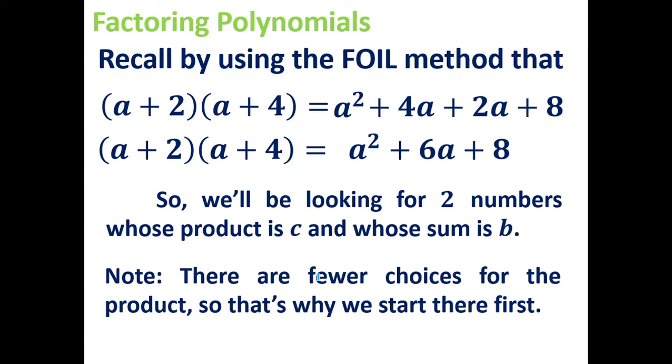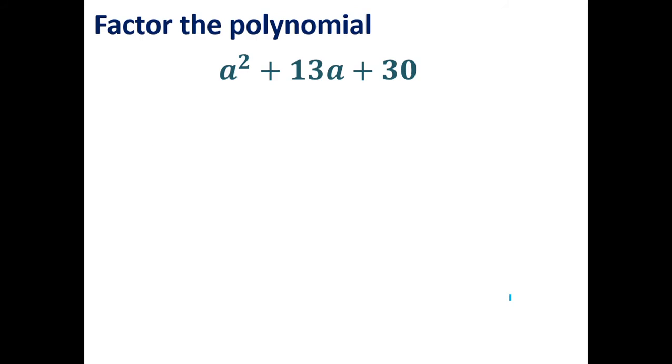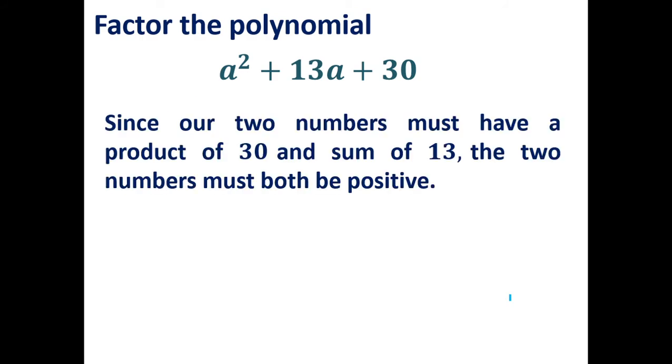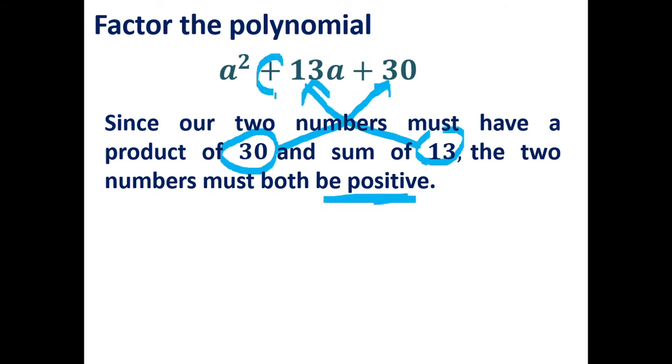So note there are fewer choices for the product, so that's why we start there first. Okay, so for example, we have here. Since the two numbers must have a product of 30, ayan, and then a sum of 13, both must be positive kasi positive to. Positive din yan, di ba?